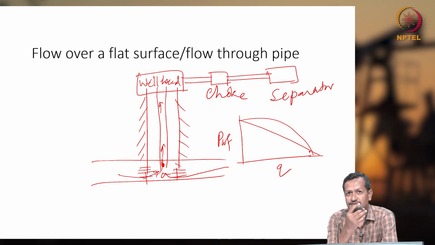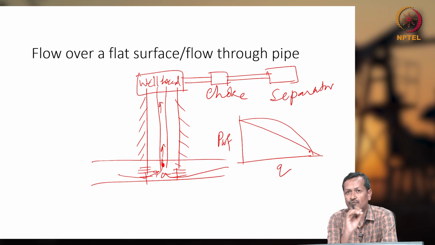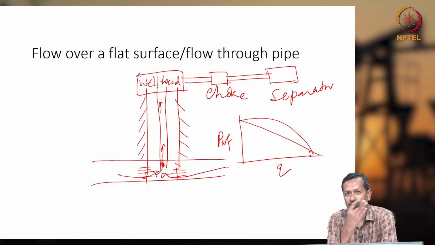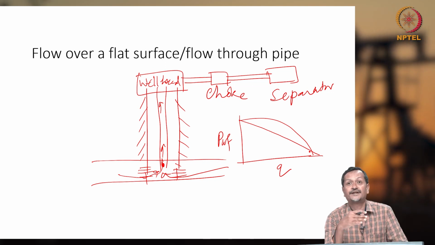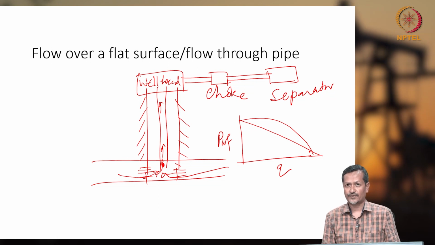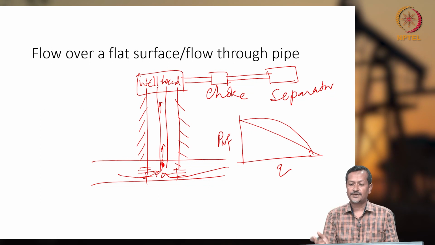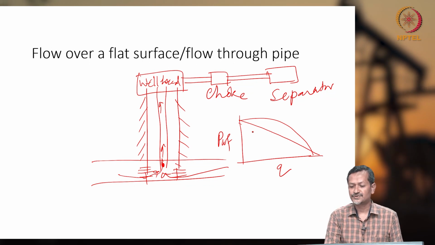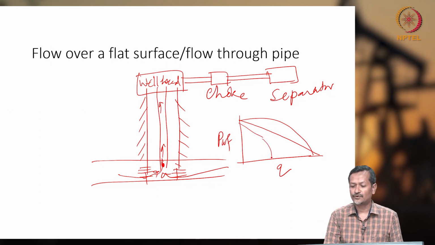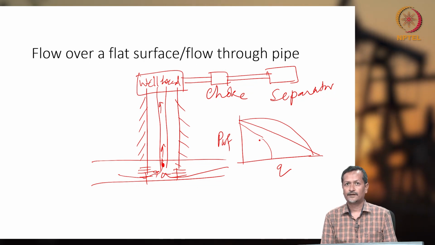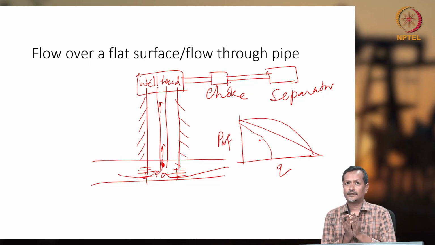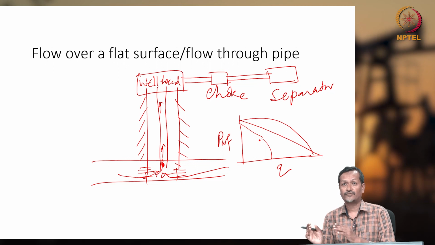The IPR curve will be a straight line for single phase liquid flow, but if there is gas, or it creates two phase flow, or it is a condensate reservoir, it will not follow a straight line, it will be curved. In some cases it may initially be a straight line and later drop with a curve. So that will be the curve for reservoir fluid flow.